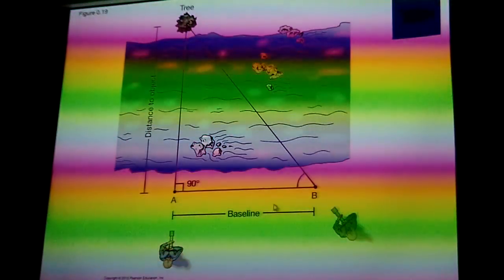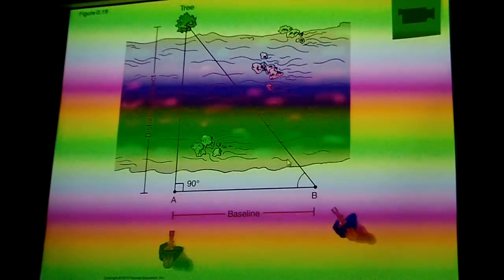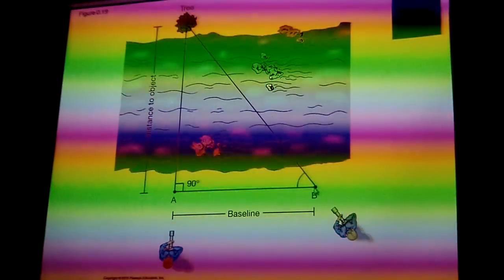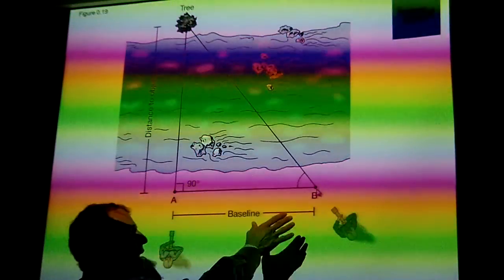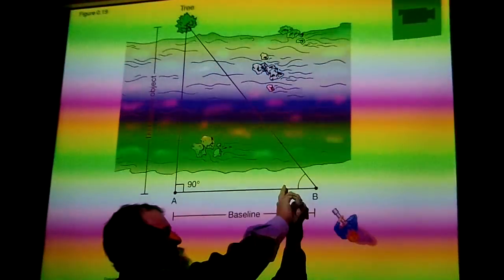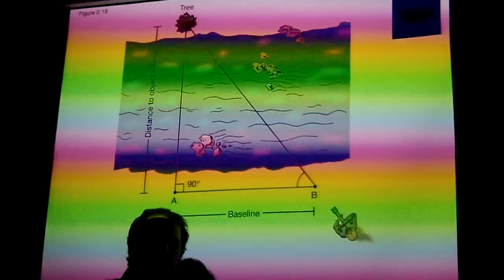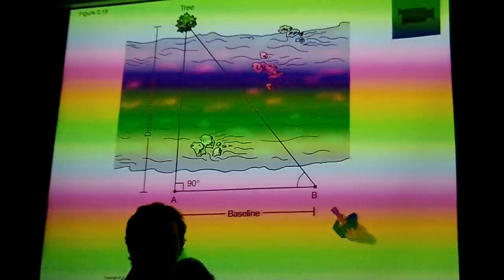So you simply go over to point B, and you spot the tree, and you use, what's the name of the device used to measure angles? Protractor. A protractor to measure this angle toward the tree from the baseline.